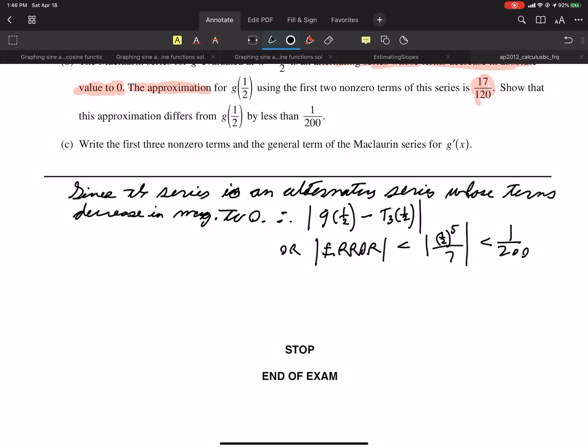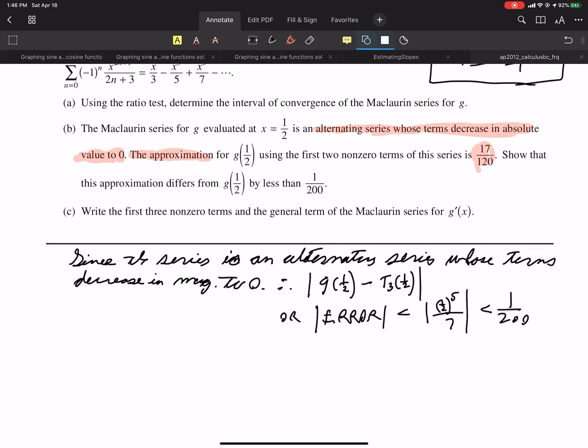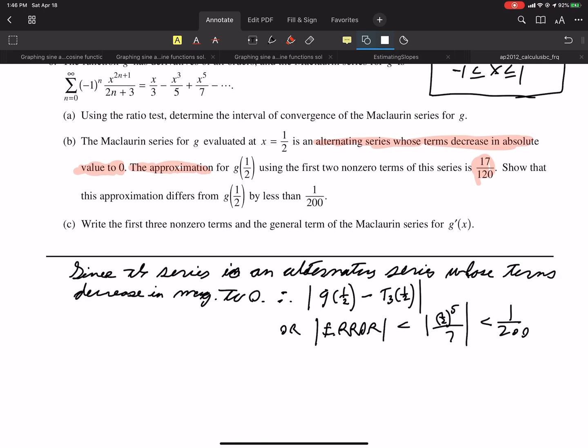All right, part C. Let's do that. And this is actually pretty easy. So part C, whoa, I don't want that. This was B. So this is one of the 5 things you can do to a Taylor series. You can take the derivative.